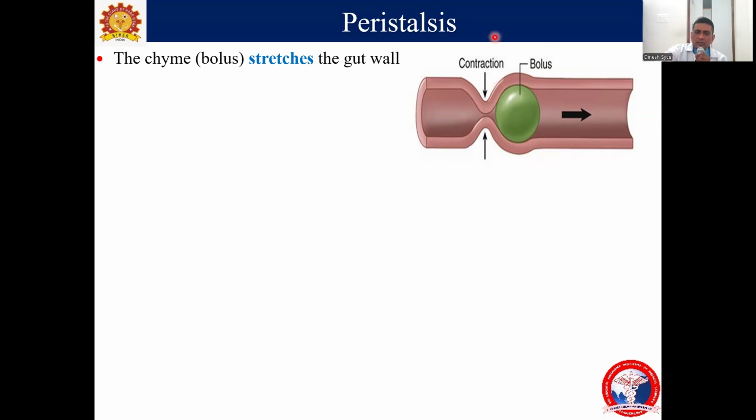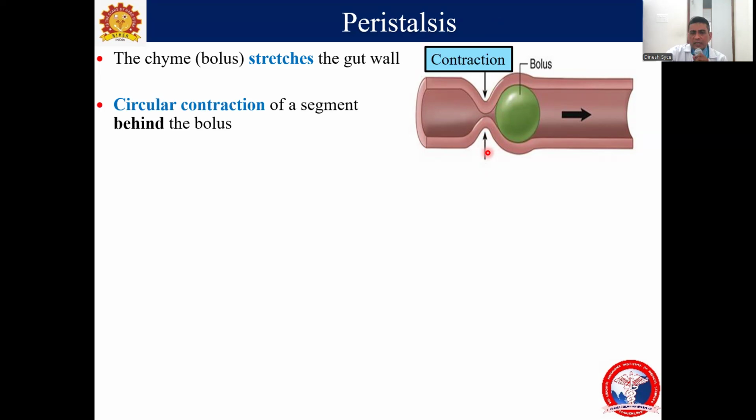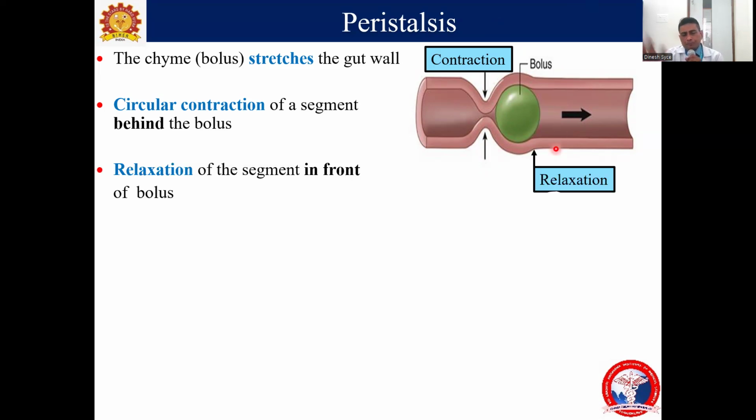First of all, the segment of intestine behind the bolus of chyme, can you see what happens? It contracts. So the segment behind the bolus of chyme contracts. There's another segment involved, the segment in front of the bolus of chyme. What happens to that? Can you guess? This one relaxes. So one more time.